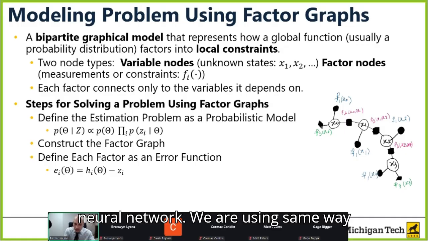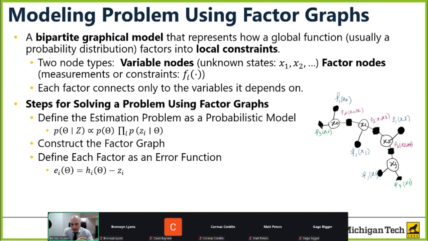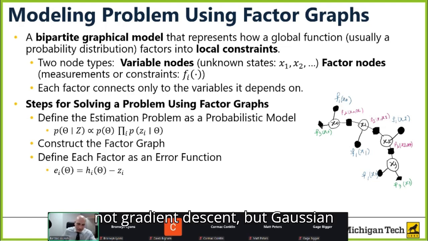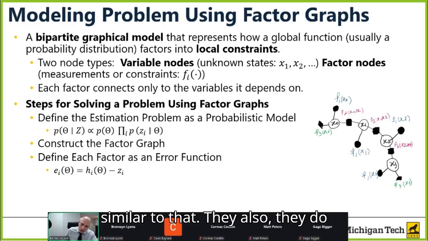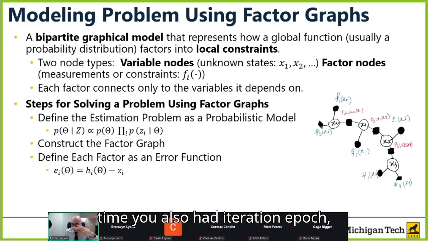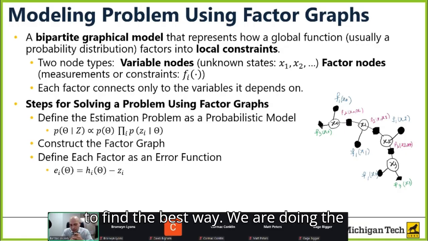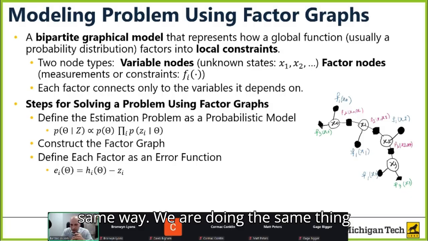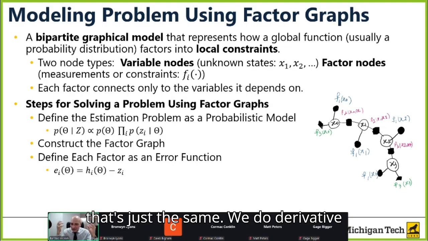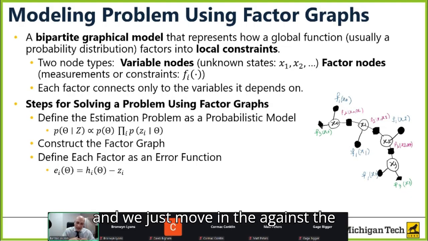We are not using gradient descent, but the Gauss-Newton method is kind of similar to that. They do iteration too. At that time, you also had iterations, epochs. Remember, you were repeating and repeating to find the best way. We are doing the same thing. We take the derivative, and we move in the direction against the derivative to find the maximum or minimum. Same way.